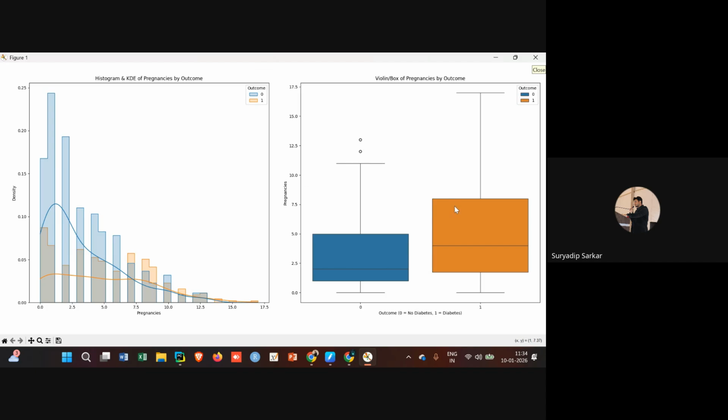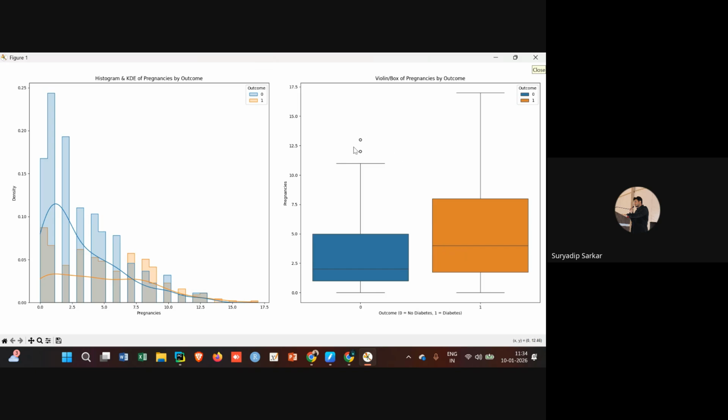Okay, so what this box plot is basically trying to tell you is that for outcome 1, the diabetes individuals, the median value of pregnancies is higher. Diabetes individuals tend to have quite a high pregnancy count compared to healthy individuals, people who don't have diabetes. This is the first observation.